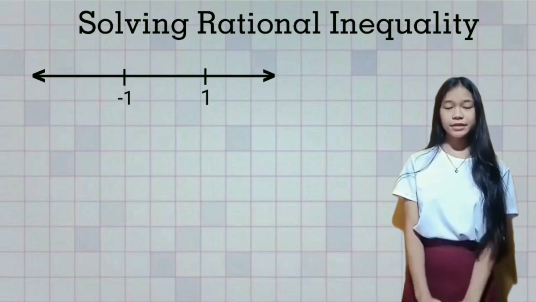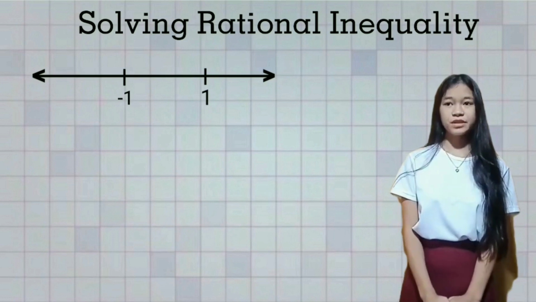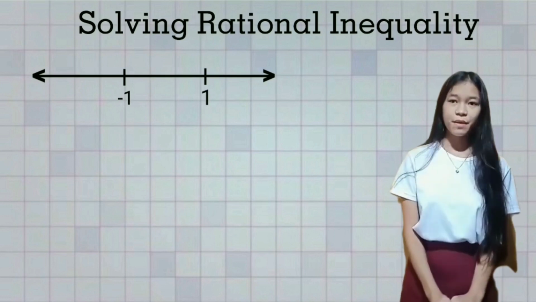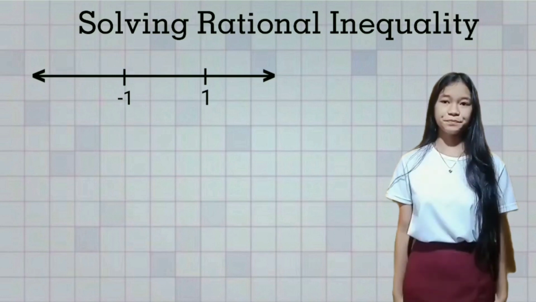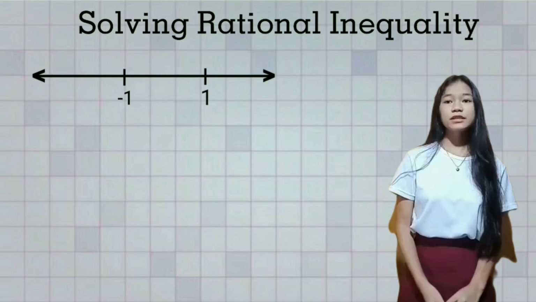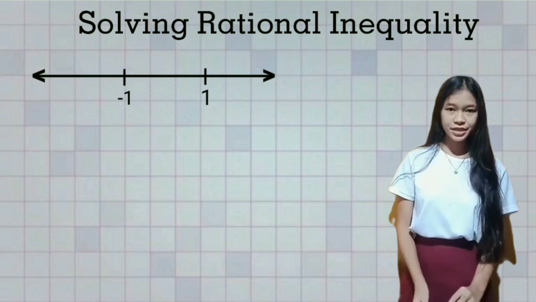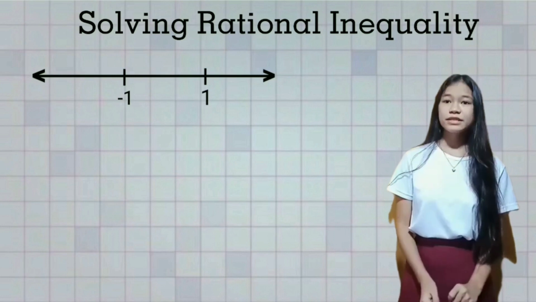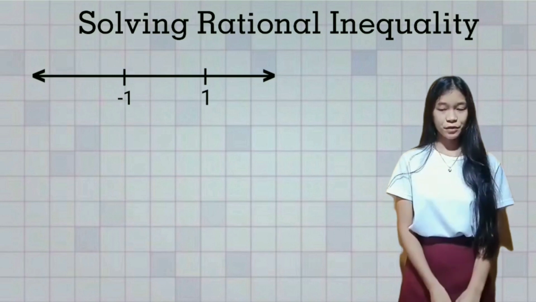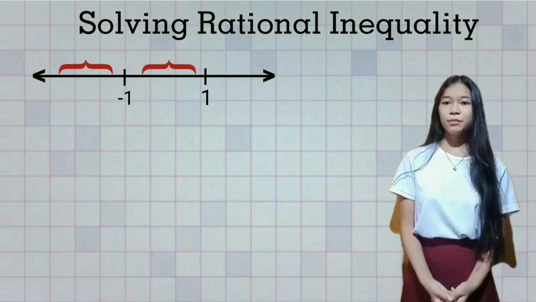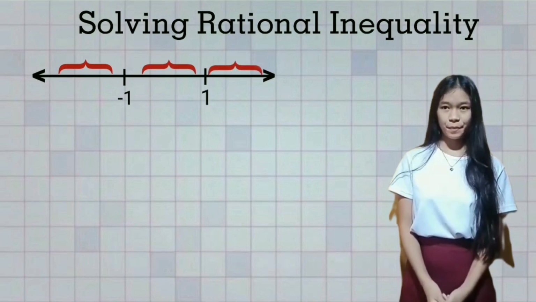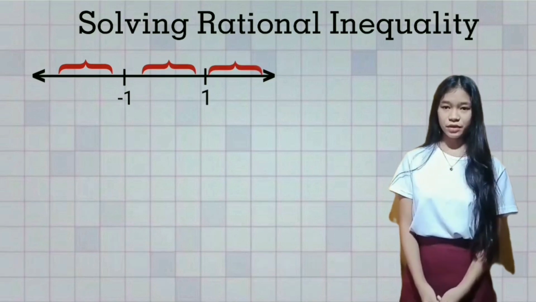On the number line, negative should be on the left side and the positive on the right side. So let's put negative 1 at the left side. Our positive 1 is at the right side of our number line. So our number line will be divided into 3 intervals.